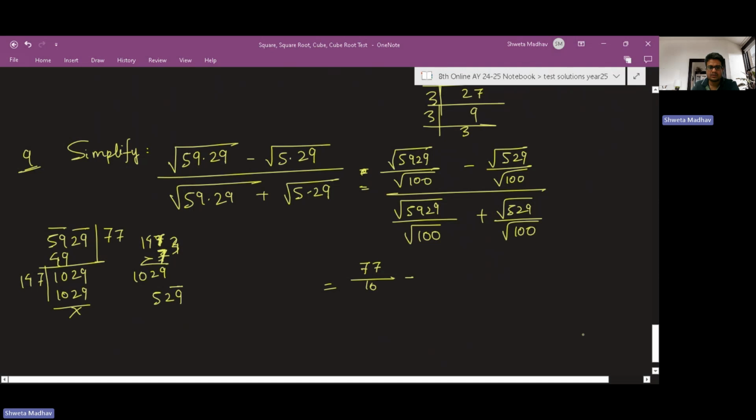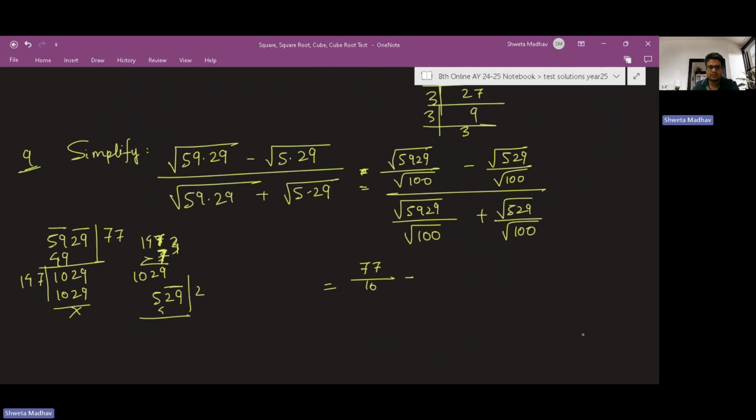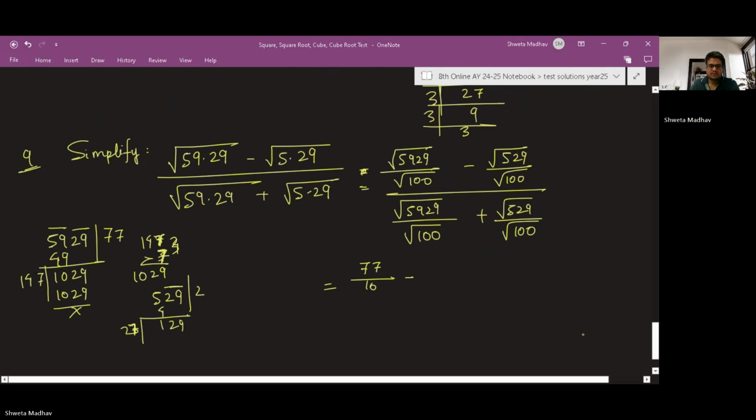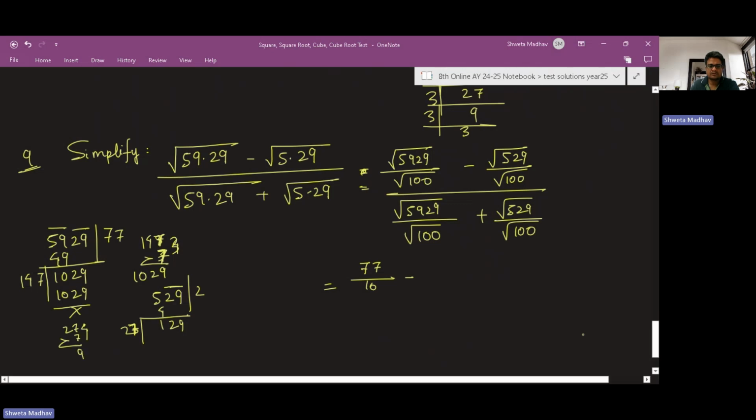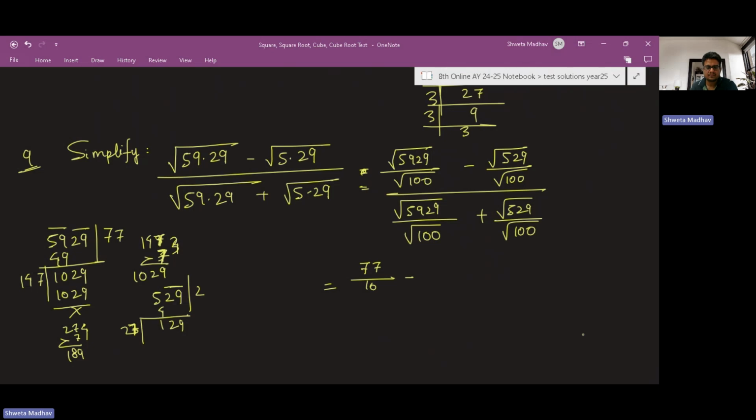If we do the square root of 529, 2 to the 4, then 3.